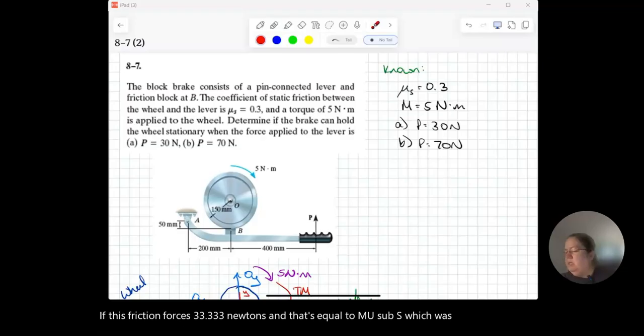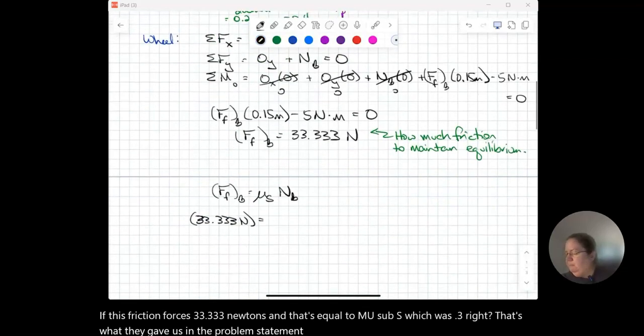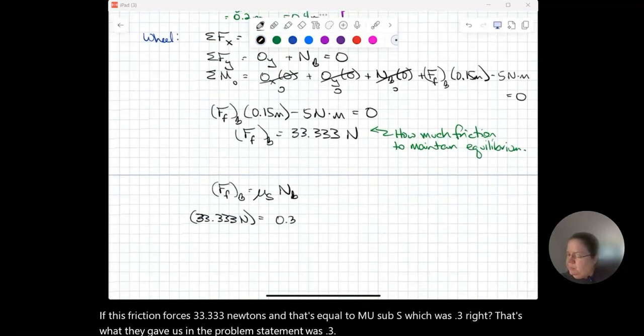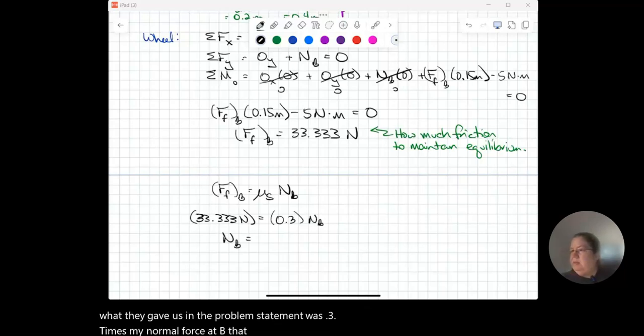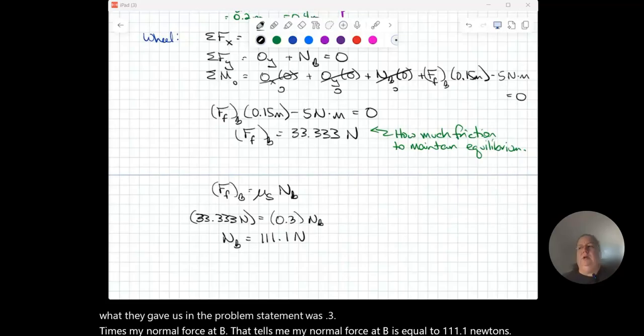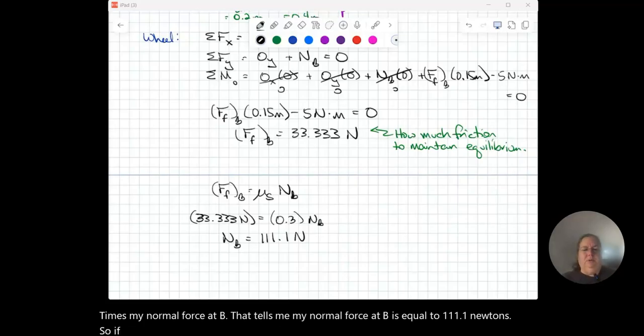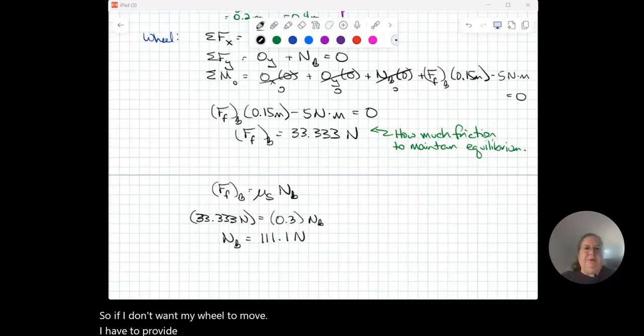That's what they gave us in the problem statement, times my normal force at B. That tells me my normal force at B is equal to 111.1 newtons. So if I don't want my wheel to move, I have to provide at least 33.333 newtons of friction and 111 newtons of normal force in order to prevent that motion.